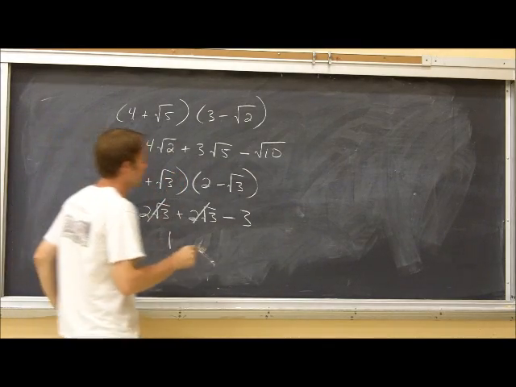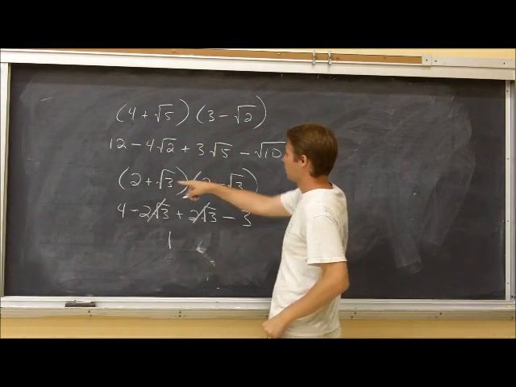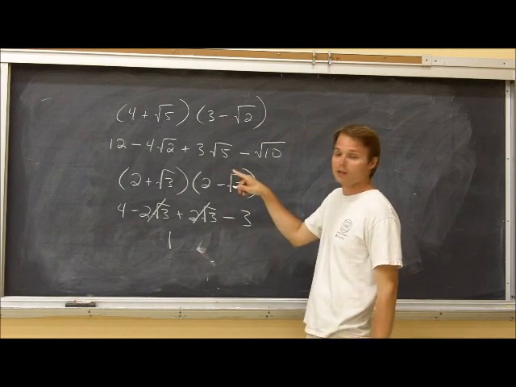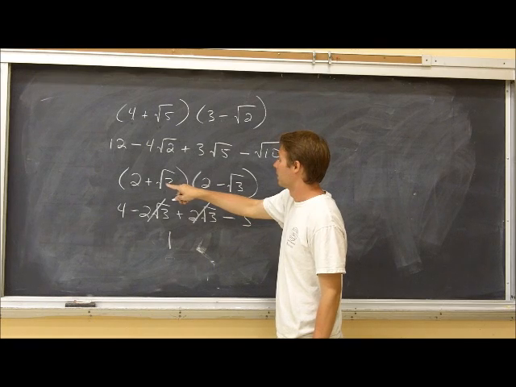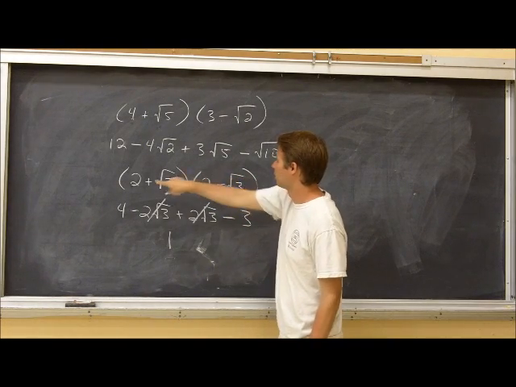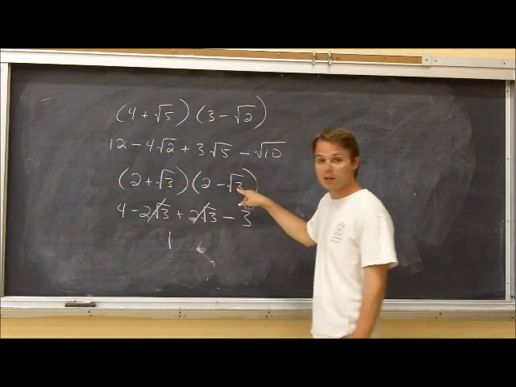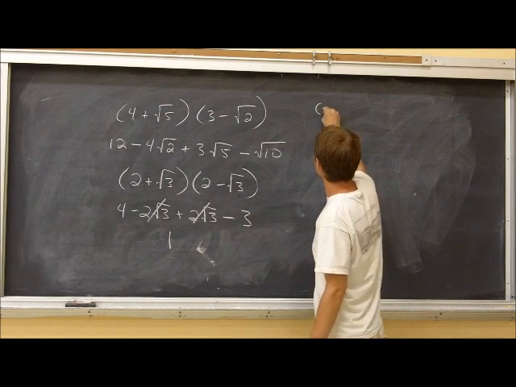So we have a term for this. Anytime that you take two expressions like this, with two terms, and the only thing that's different is the addition and the subtraction, we call these conjugates.